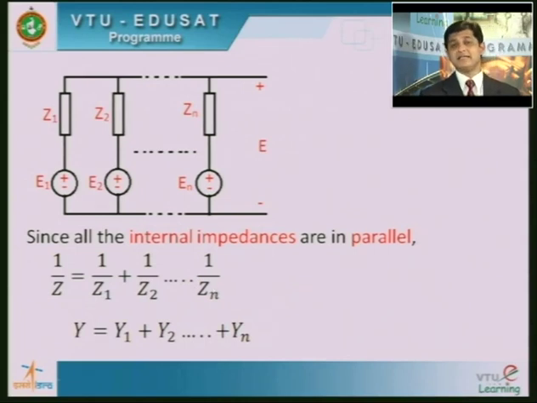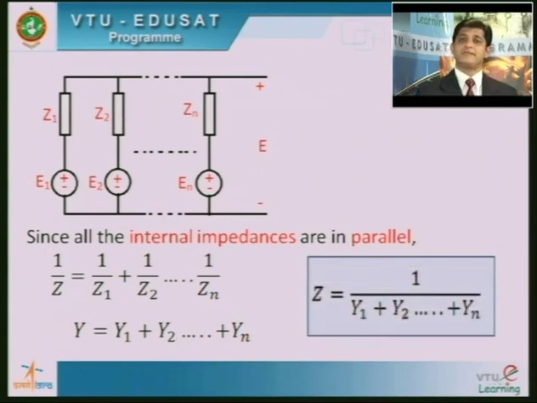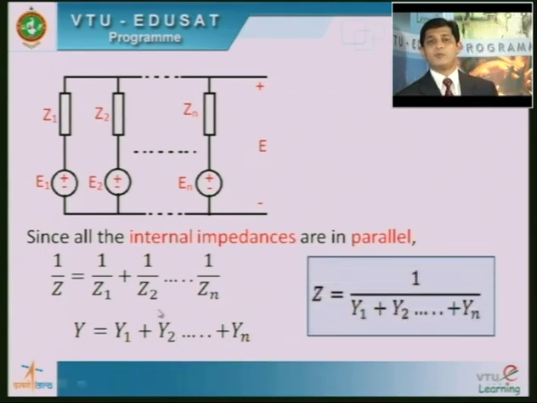But we are interested in Z. So, what can we do? If you write it as 1 by Z, and this you keep as it is, you will find your Z to be like this. So, we have obtained the equation for E and Z.